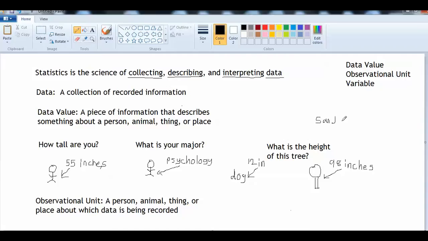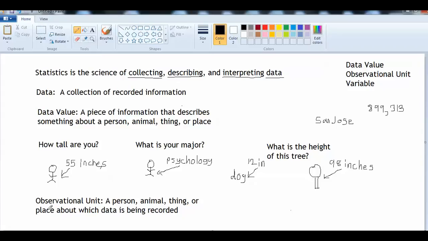I'm not sure exactly how many people live in San Jose, but we'll make up a number. Let's say that 899,313 people live in San Jose. This number isn't correct, but I'm just making it up to explain the idea. So if this is the population of San Jose, then this number is a data value, and the city of San Jose is an observational unit in this case, because the city of San Jose is a place.